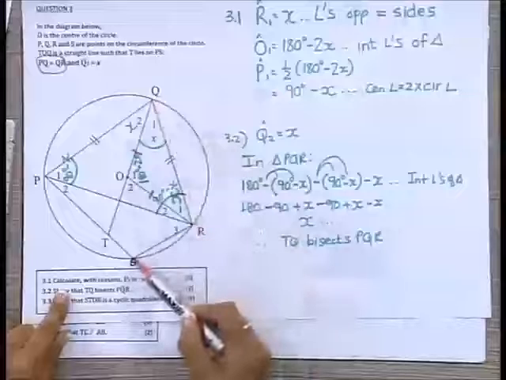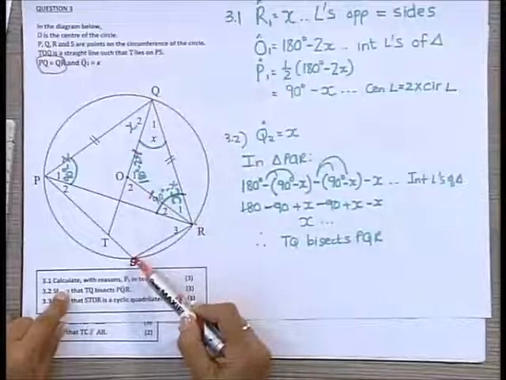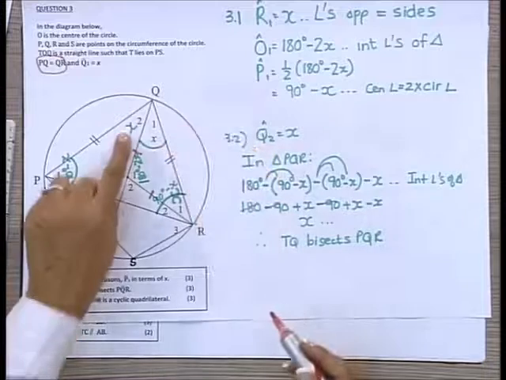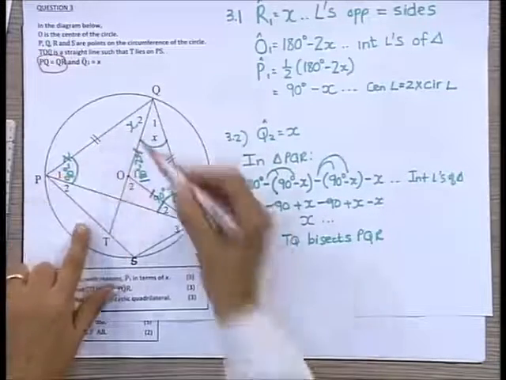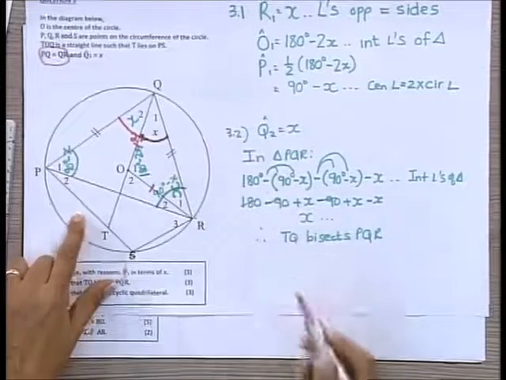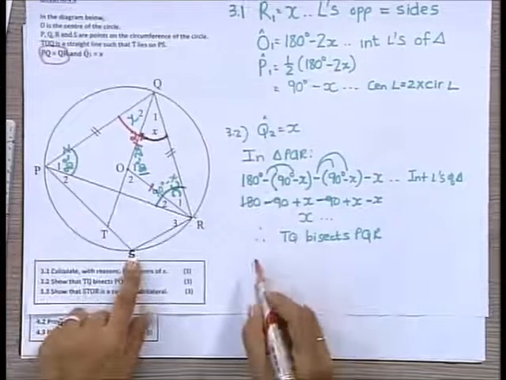So there were different things that you can do, but what I saw immediately, I saw that PQRS is a cyclic quadrilateral, right? So the opposite angles give me 180. So what is x plus x equal to? This angle is already 2x. Can you see? So what's the size of S?